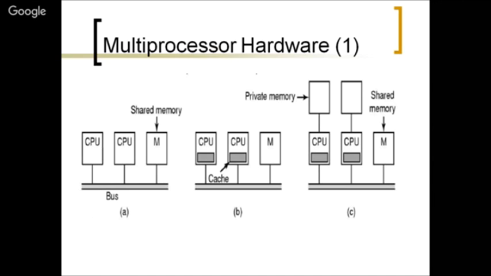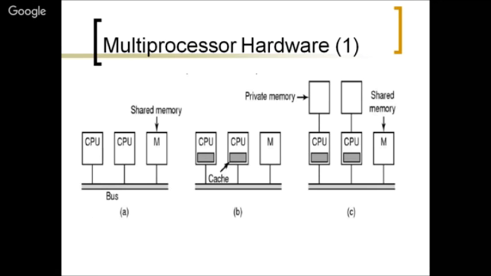In type C, every CPU is provided with its own local private memory along with cache. Why is this done? So that there is the least access to the shared memory. Otherwise, if every time it accesses the shared memory, the process will obviously be slow, because we have multiple processors in a queue.